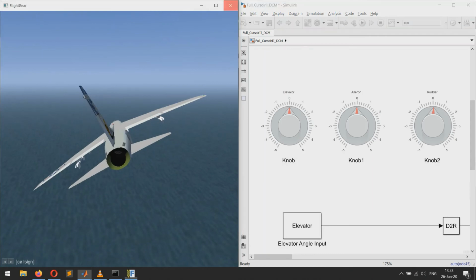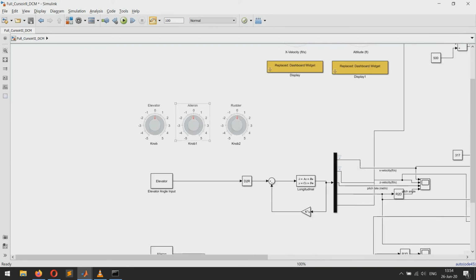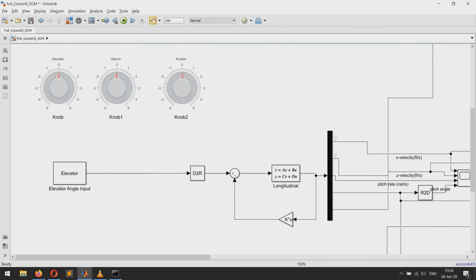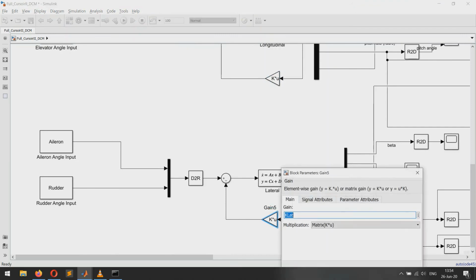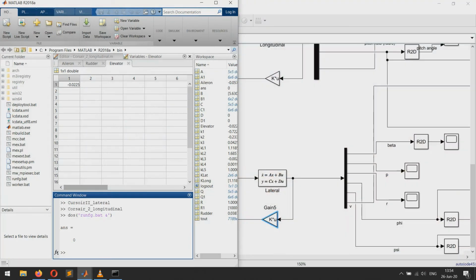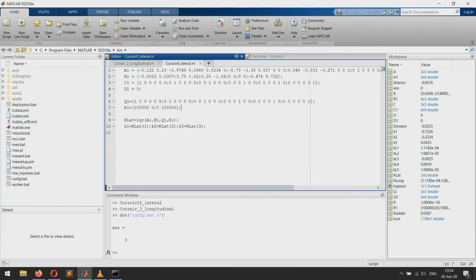This is our block diagram. These are our inputs for elevator, aileron, and rudder. Currently, we are using an LQR controller, and we calculate these LQR gains by using these LQR functions for longitudinal and lateral motion.